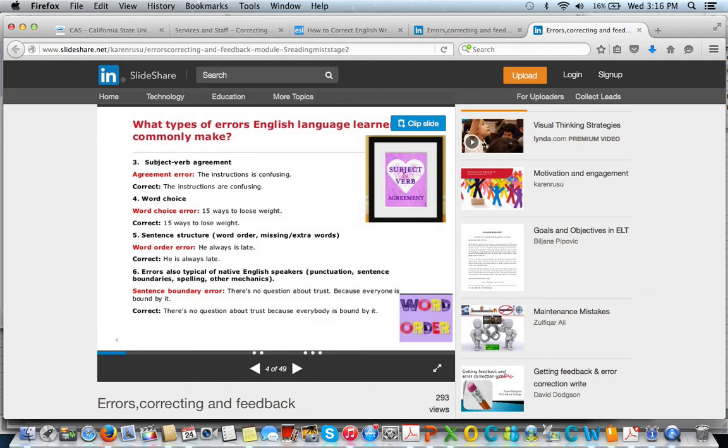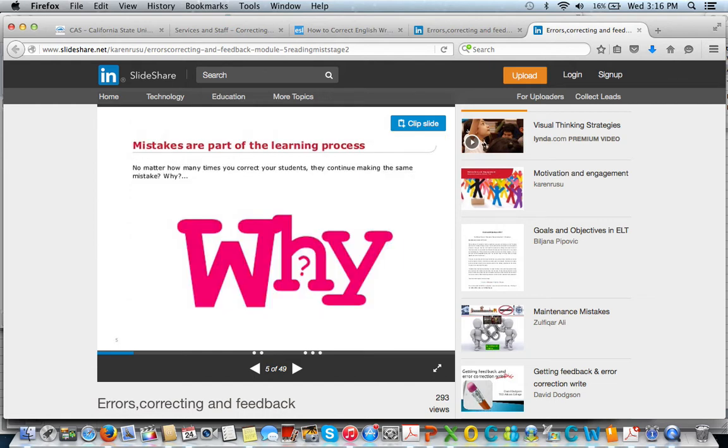Word choice is very difficult, and especially not just word choice, but also using the word correctly and using the word form correctly. Sentence structure is another big one, especially for advanced learners when they start experimenting with more complex sentence structures. And there are also errors that native speakers make as well. So all of those kinds of errors are mistakes in the learning process that our students can learn from.